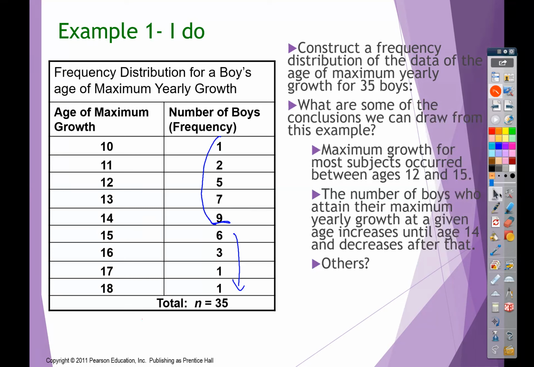What are some others that you see? That very few people have hit their maximum growth at age 10, and very few are still growing their maximum amount of growth at age 17 and 18. Now, this is not saying that only one of the boys grew at 18 years old. It just means that he didn't grow the most of his yearly growth at age 18.